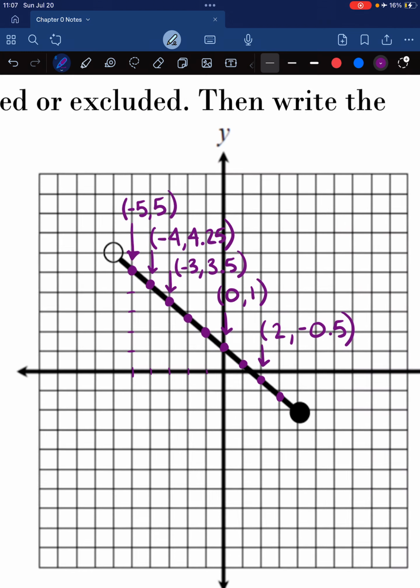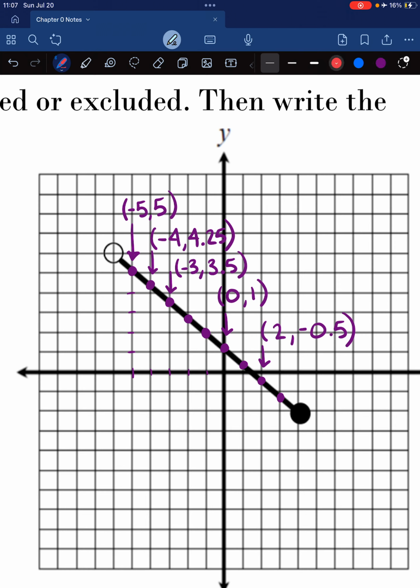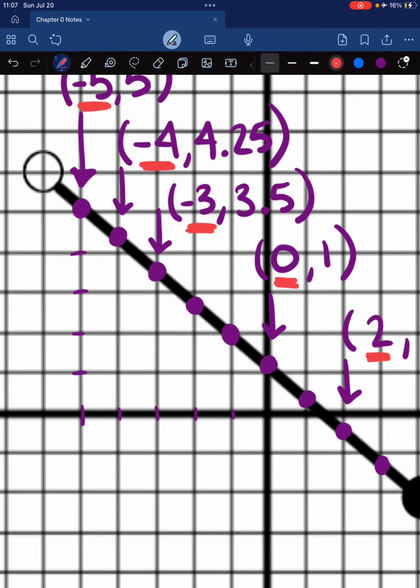So when I ask what's the domain of this, it's asking what is every single x value that I could possibly write down as one of these points. I can see I have negative 5, I have negative 4, I have negative 3, I have a 0, I have a 2. But that's not all of them. There's some points that I haven't listed yet, and I didn't do any decimals for the x's.